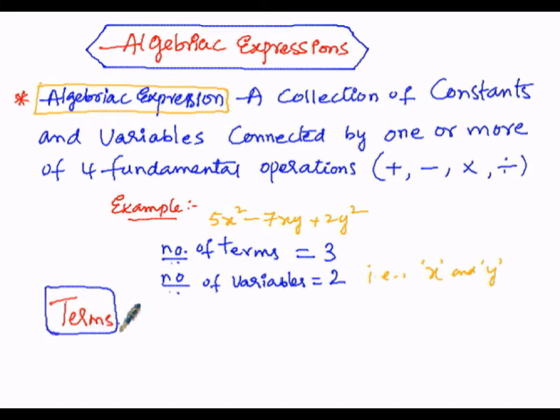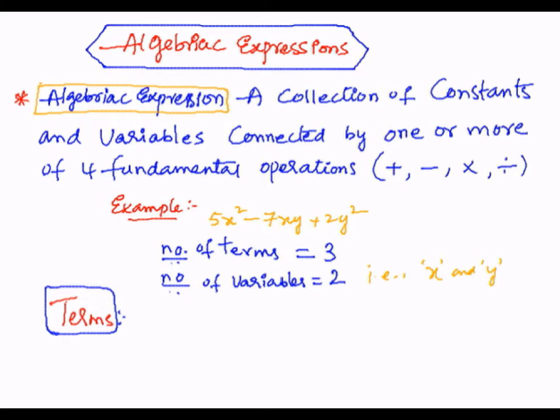These are the three various parts included in an algebraic expression, separated by either positive or negative signs. Such a single part will be called a term.